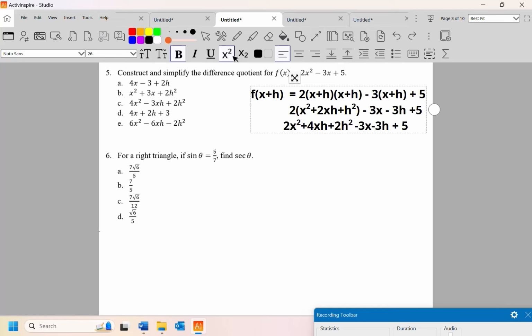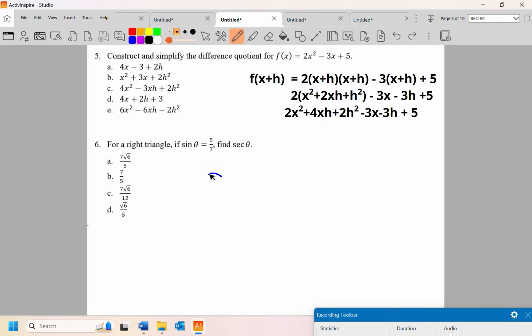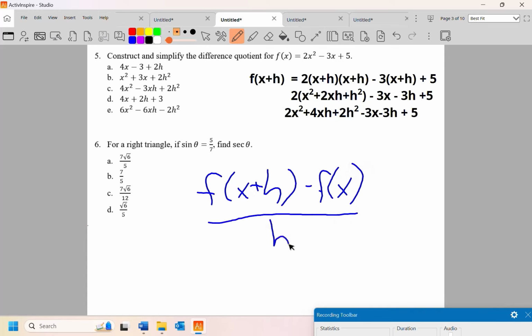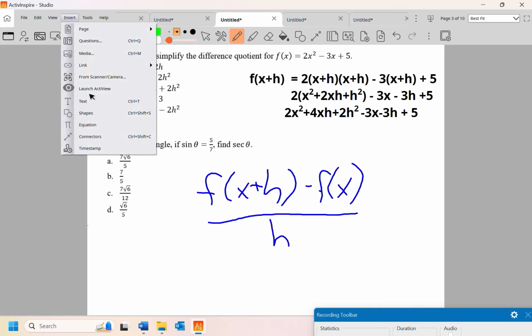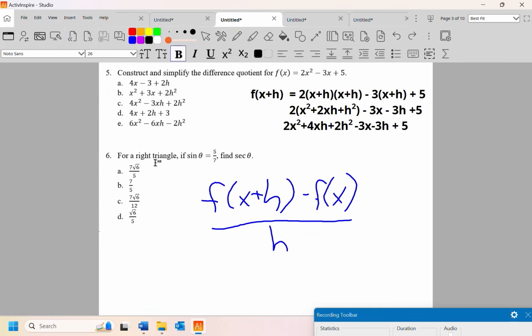Now, the full difference quotient is to take f of x plus h and subtract f of x. It's f of x plus h minus f of x sitting over an h. So sadly, there's more to do. So we're going to have all of this.